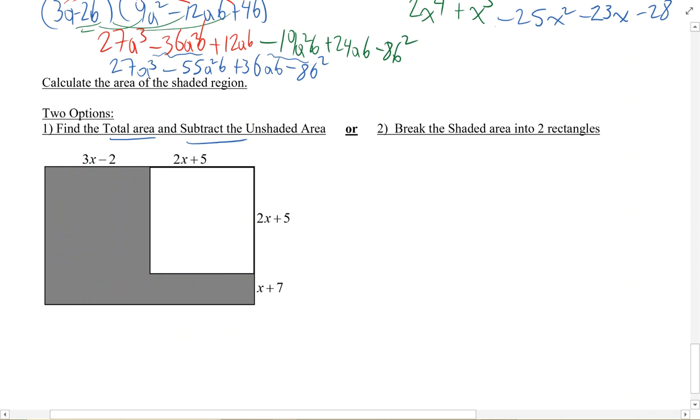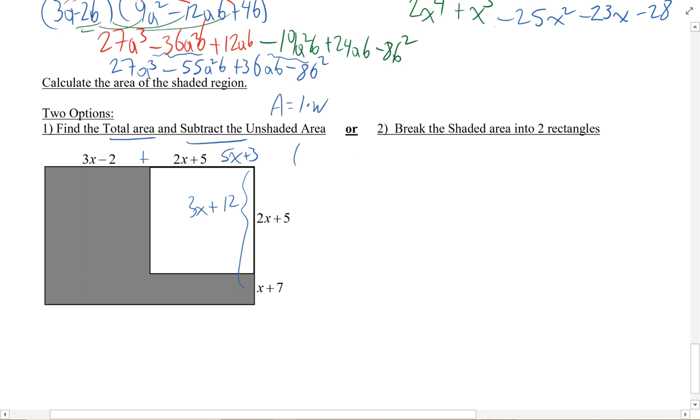So let's do that first. And first of all, we need to get this entire length, so we'll add those up. The entire length then would be 5x plus 3. And we're going to add up this entire length. That would be 3x plus 12. And so the area would be length times width, right? Area equals length times width.